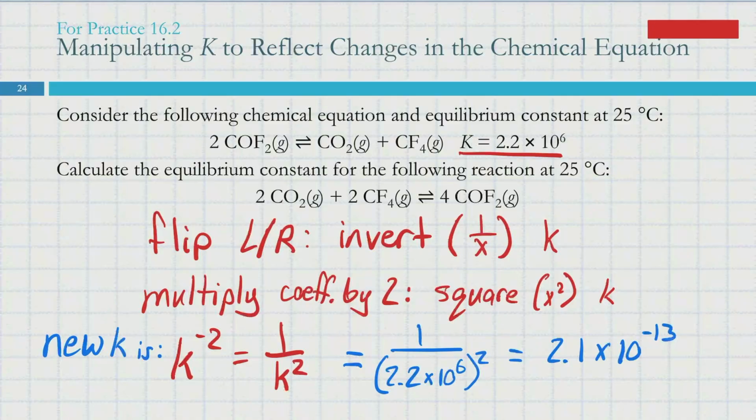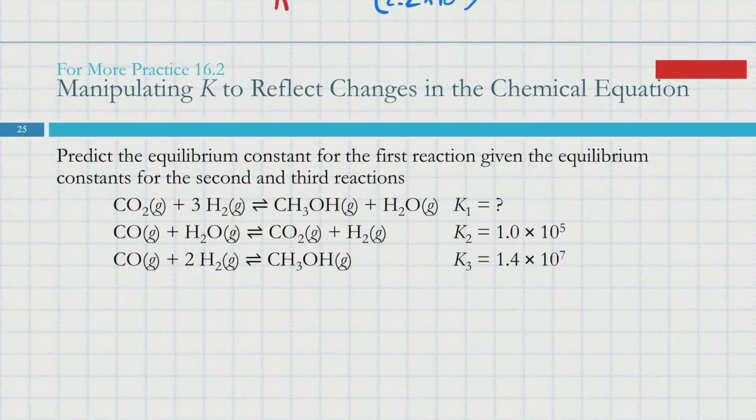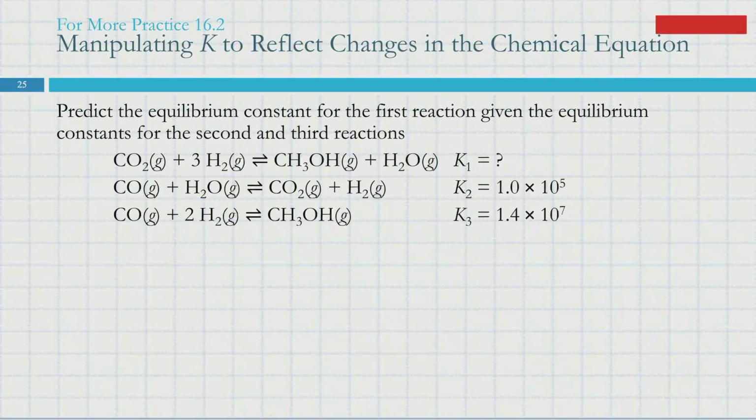Questions? We can also do other stuff. For example, we want to predict the equilibrium constant for this first reaction. So we need to set up this first reaction using our other 2 reactions.